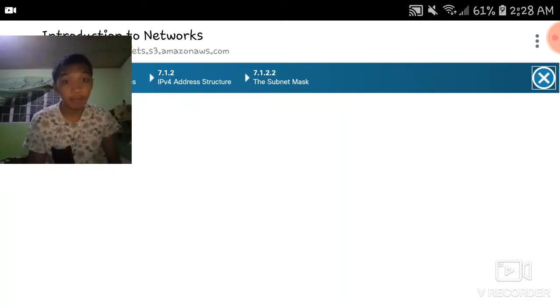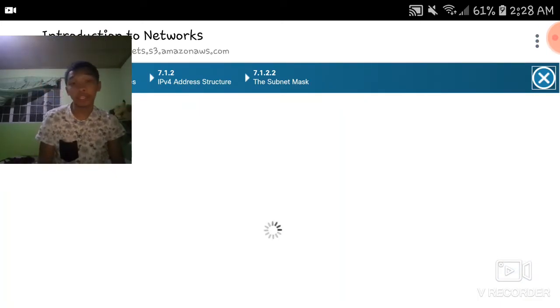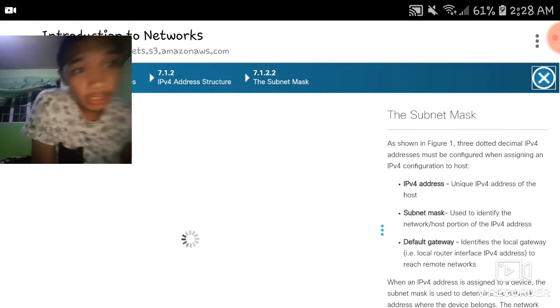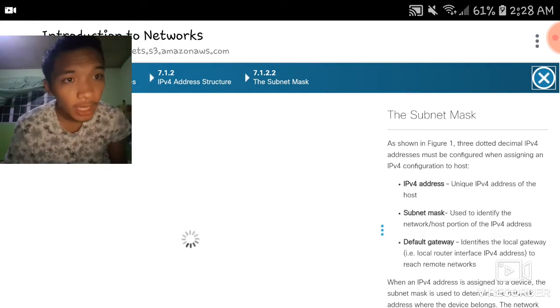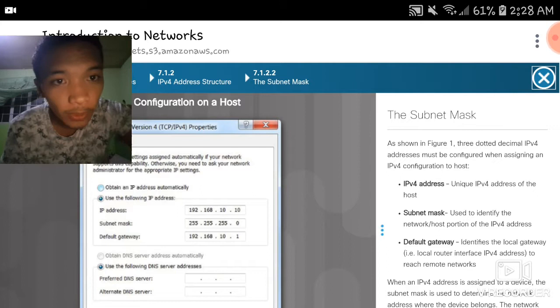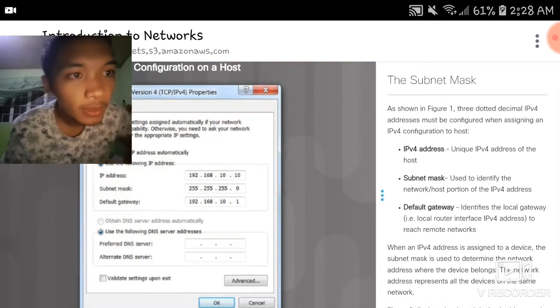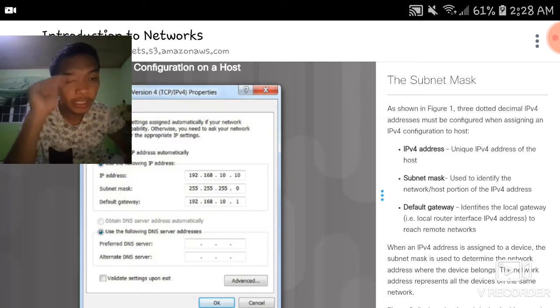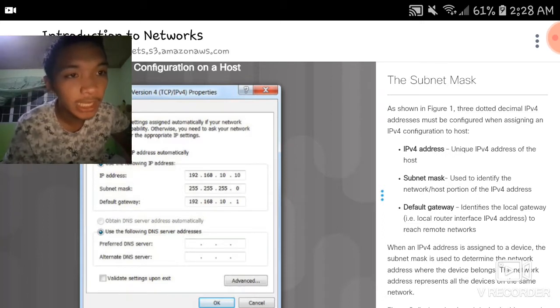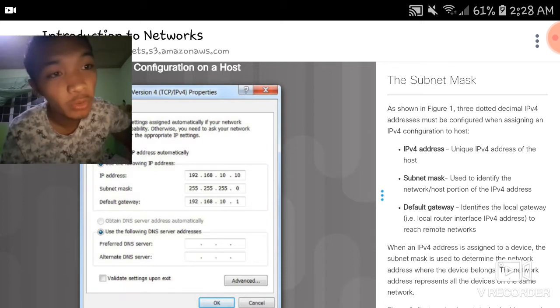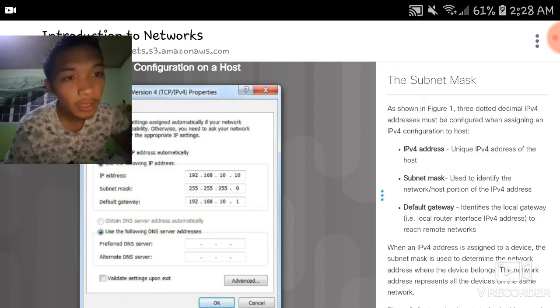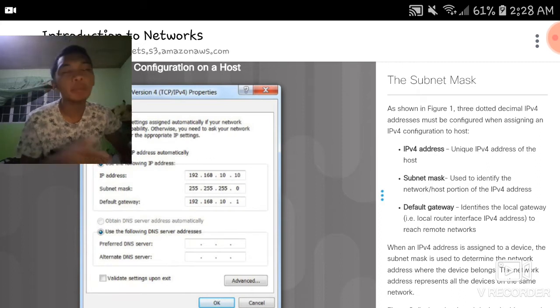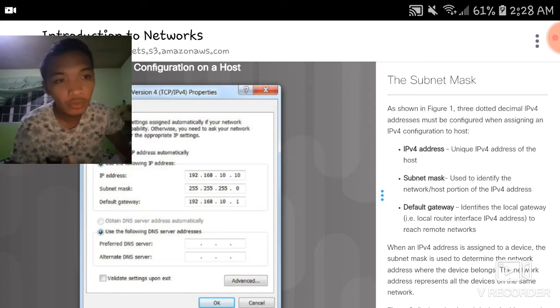The subnet mask is the most important. As shown in figure 1, three dotted decimal IPv4 addresses must be configured when assigning an IPv4 configuration to a host. First, the IPv4 address, the unique IPv4 address of the host.